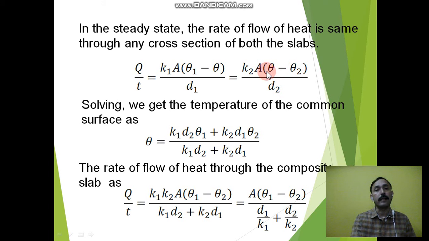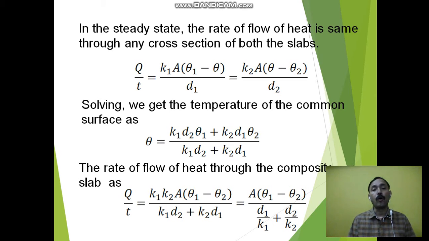Now solving this, we get the common temperature at the common surface, theta equals (K1 d2 θ1 plus K2 d1 θ2) by (K1 d2 plus K2 d1).